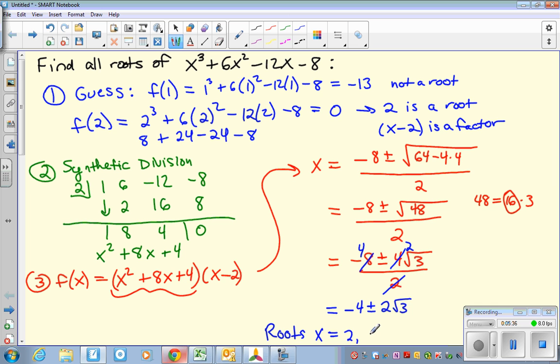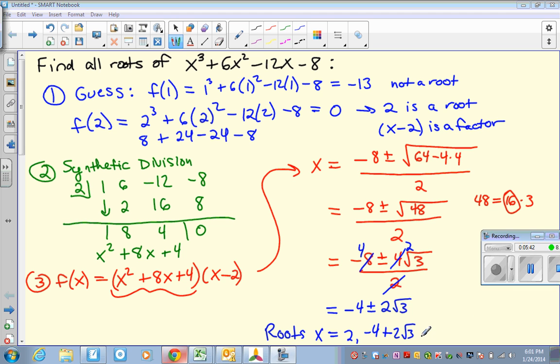So you get 2, negative 4 plus 2 root 3, and negative 4 minus 2 root 3. And so this one's a little bit different than your homeworks. Your homeworks, you're going to want to factor this. But since we can't factor, that's why I did the quadratic formula.